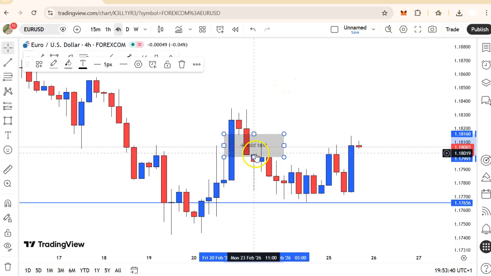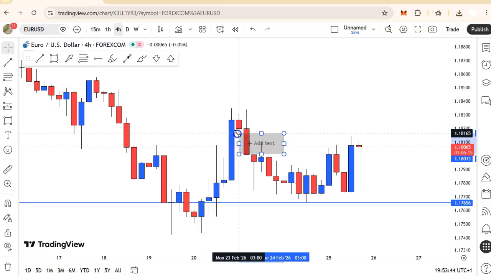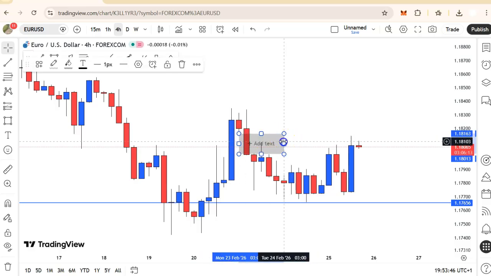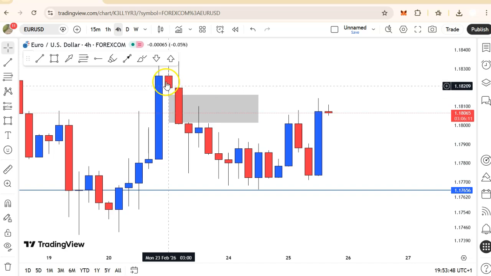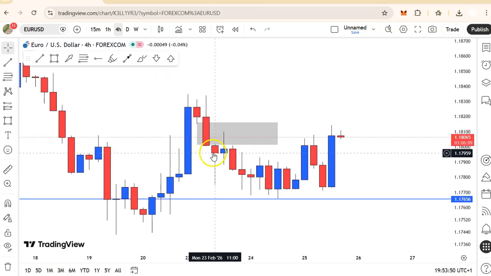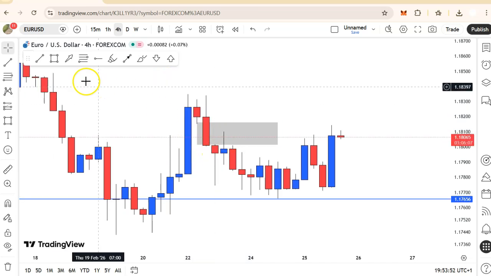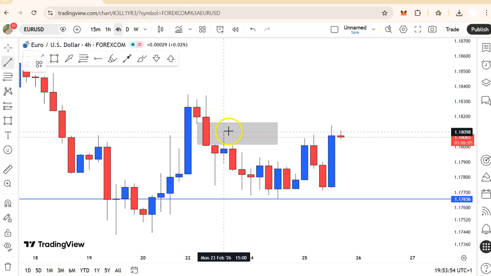But this didn't happen. What happened after was that this bullish imbalance turned into a bearish one, right? So we had price moving lower, closing below it, we had retracement, and market, as you can see, formed this swing high here.